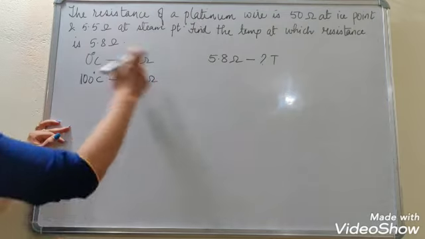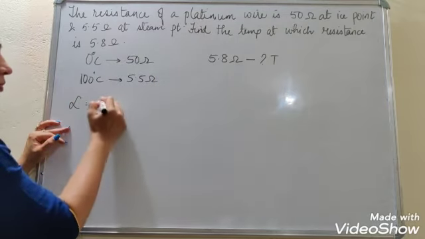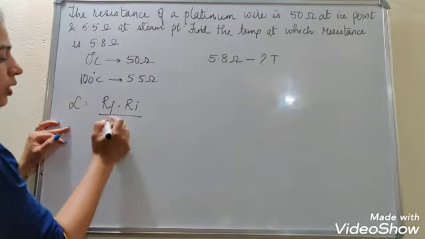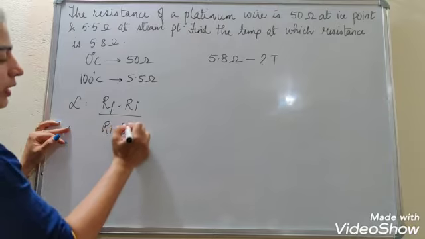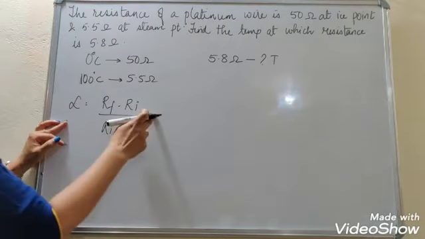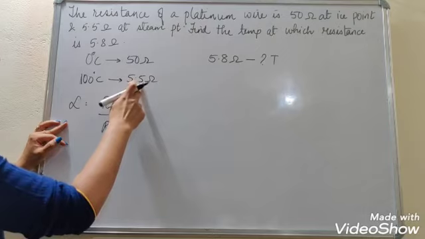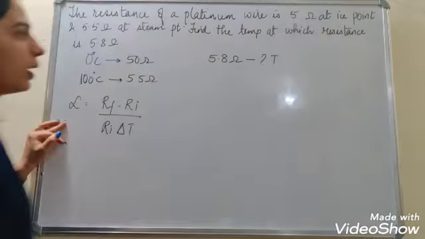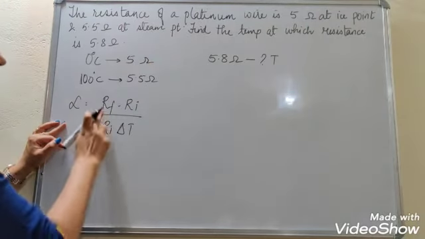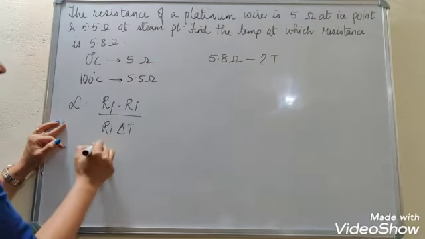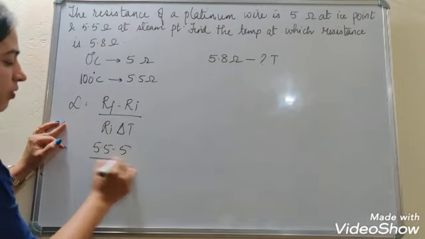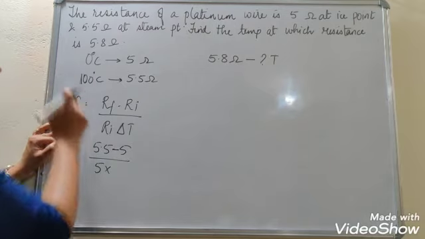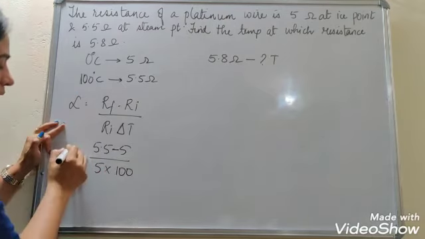So first, using this data we can find alpha, which is R final minus R initial upon R initial delta T. Sorry, the resistance at ice point is not 50 ohm, it's 5 ohm. So R final minus R initial will be 5.5 minus 5 upon 5 into delta T, which will be 100 minus 0, that is 100.